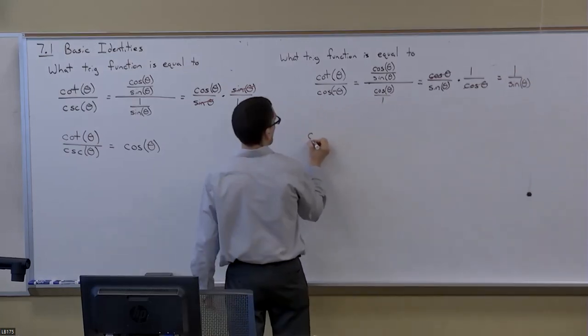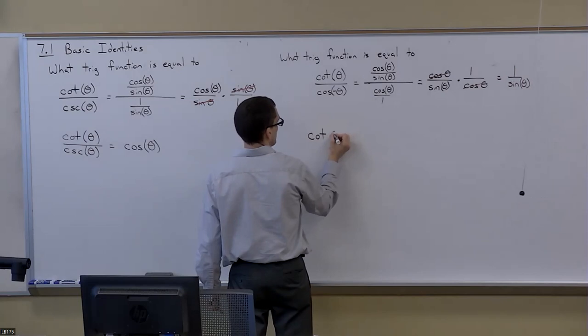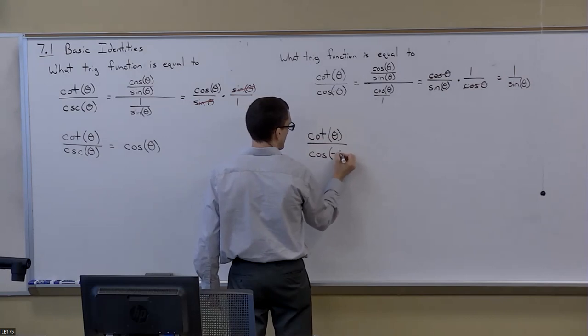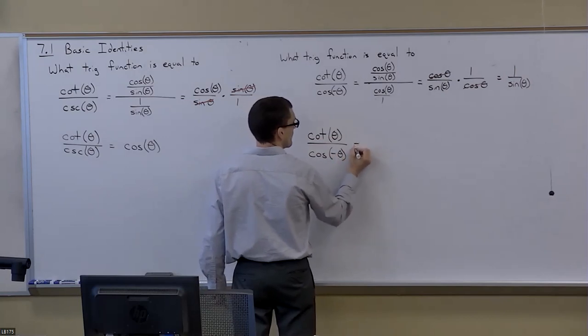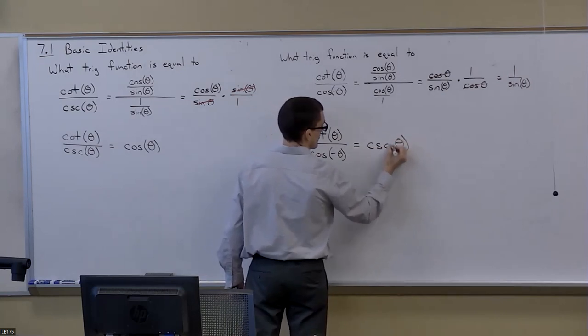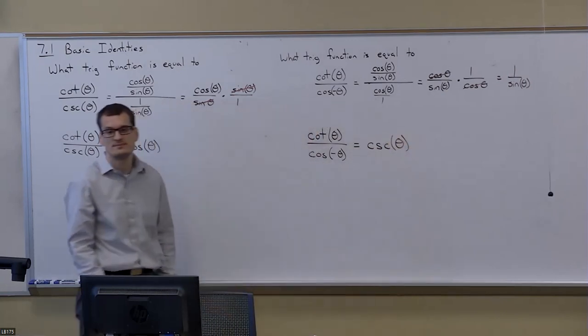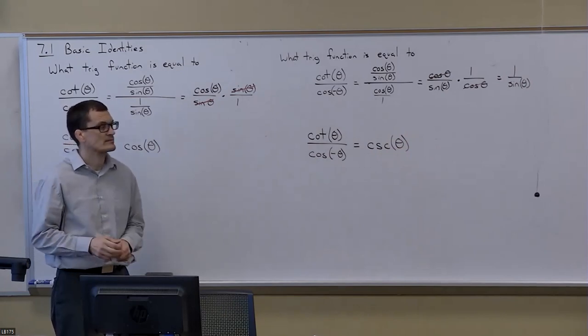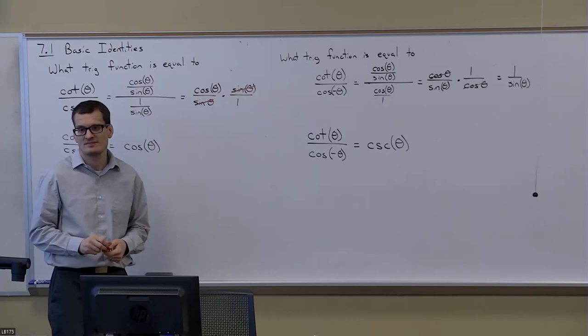So that tells me if I take the cotangent of theta and divide by cosine of negative theta, I get cosecant of theta. Is that all right?